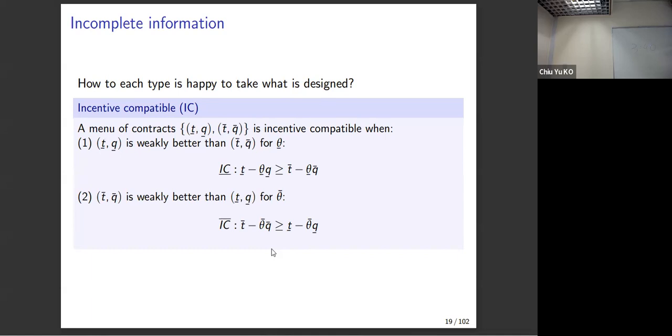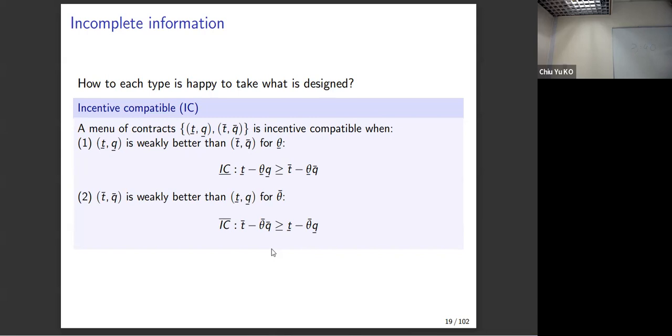So it's incentive compatible if the low type taking the low type contract is better than taking the high type contract. Same here: for the high type, taking the high type contract is better than taking the low type contract. Is that clear what it means? Let me repeat.